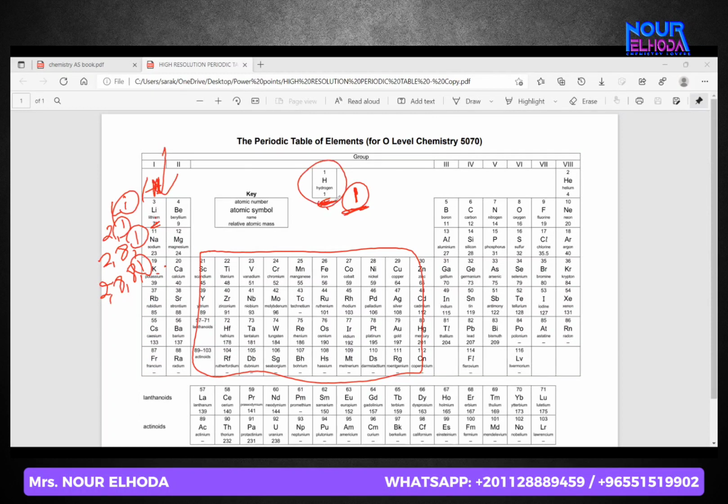So why is it written here? Because hydrogen is a non-metal. All group 1 are metals. You will tell me, Miss, why is hydrogen a non-metal? All metals are solid, and hydrogen is a gas. How come a gas can be a metal? Impossible. So it's a non-metal. That's why it's here alone and not written in group 1.